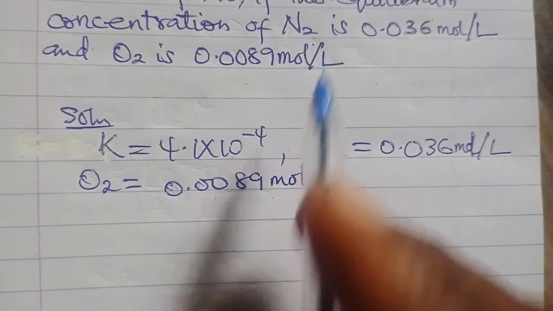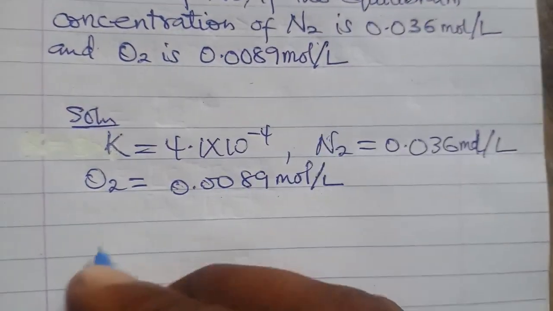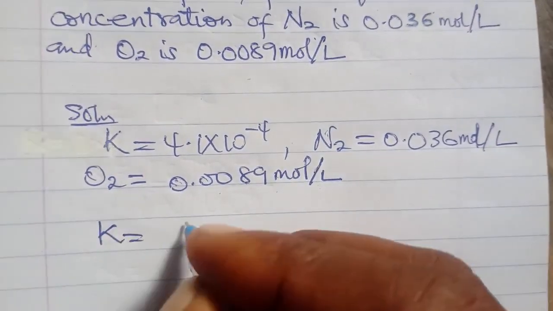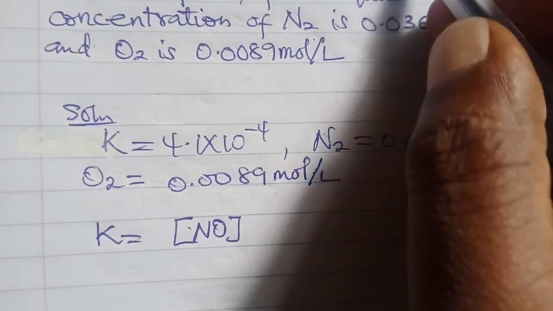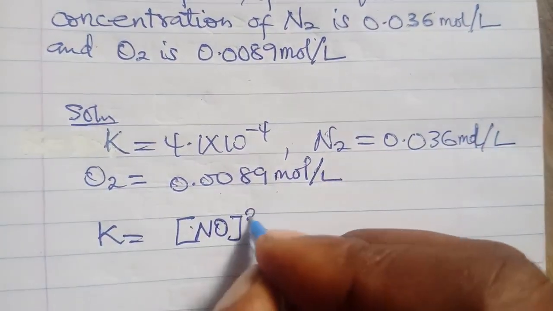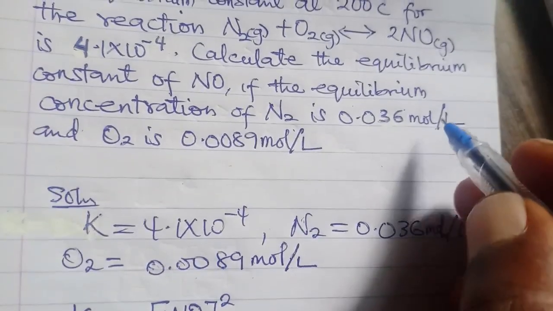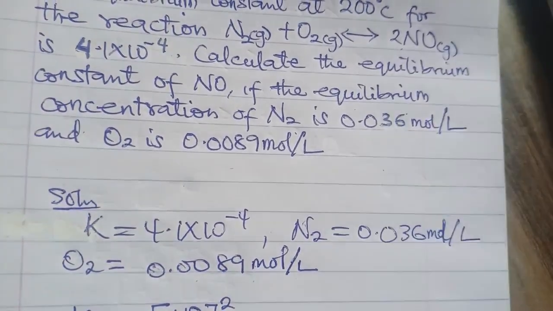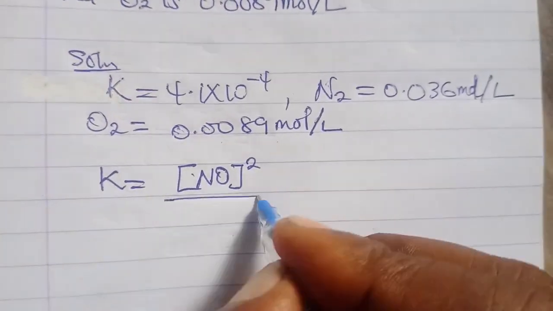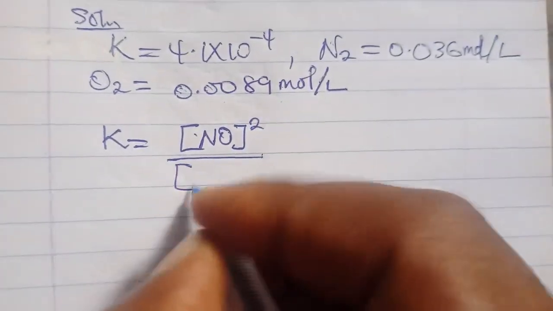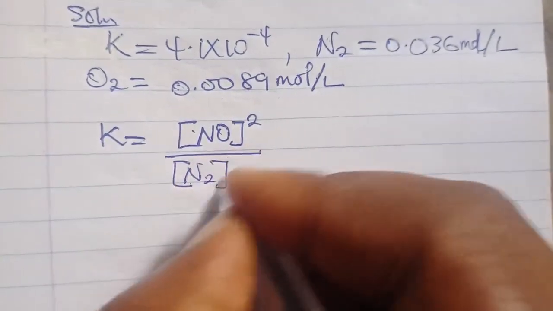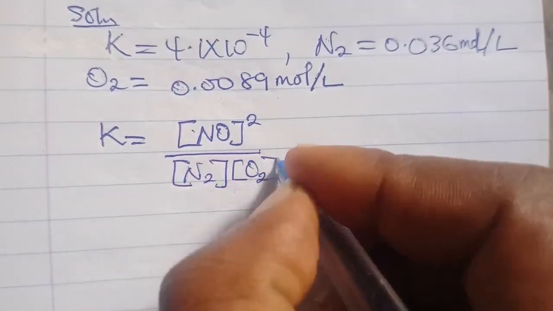So let's write the equilibrium constant of the reaction. It will be K equal to the concentration of the product, all squared, divided by that of the reactants, the concentration of N2 and the concentration of O2.